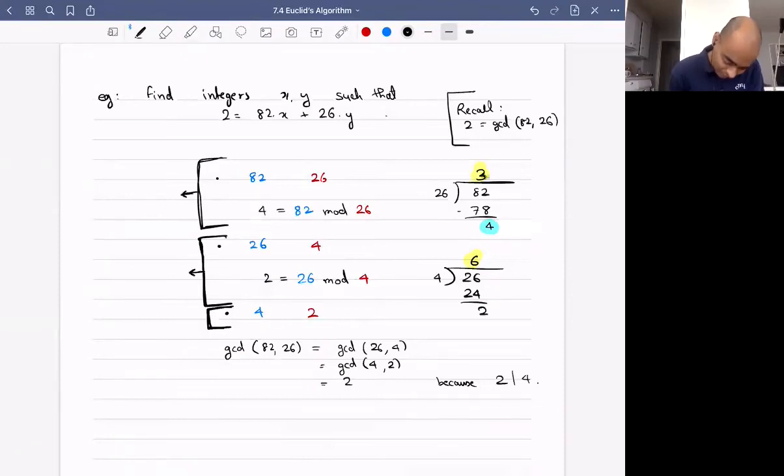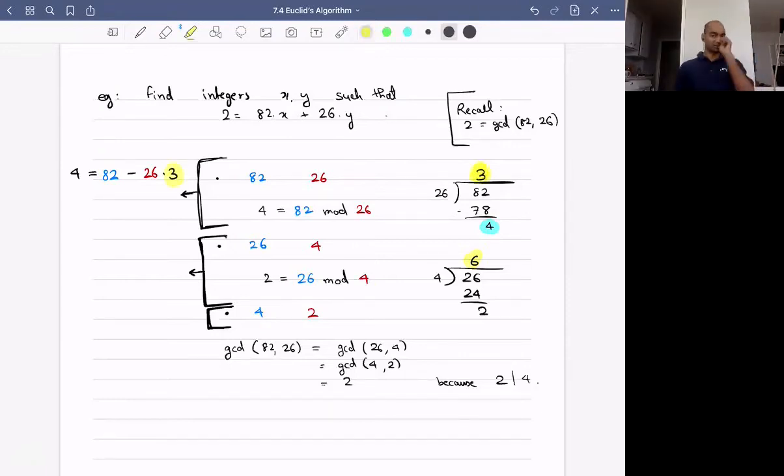Because 4 is my remainder, I'll get 4 is equal to 82 minus 26 times 3. And where is the 3 coming from? 3 is the quotient.